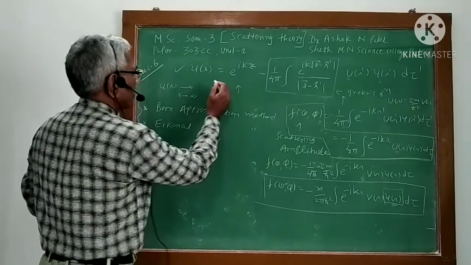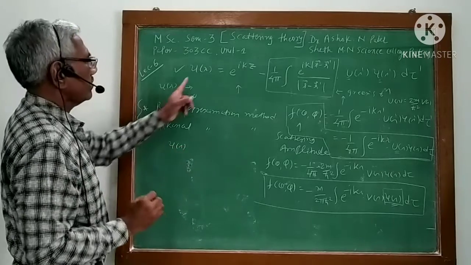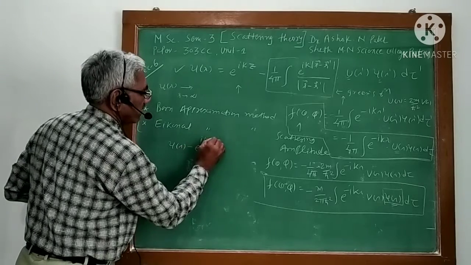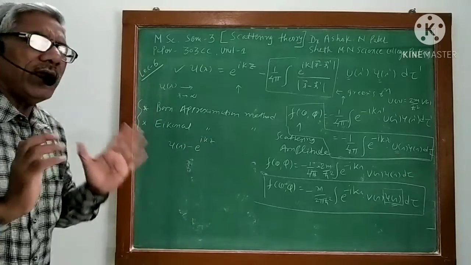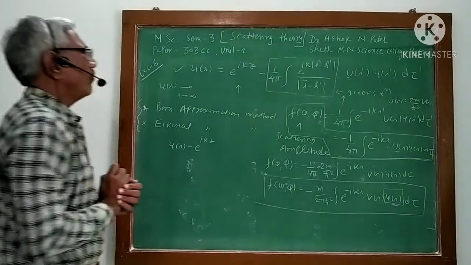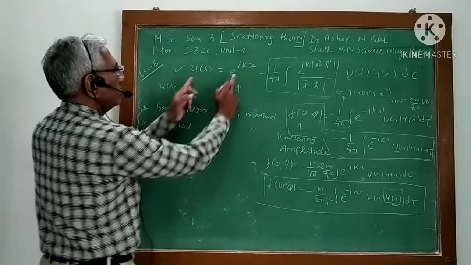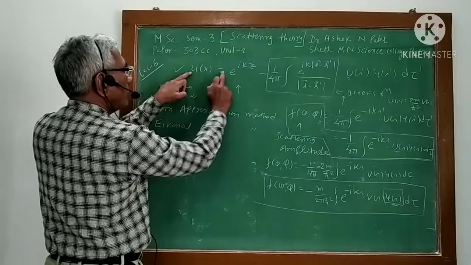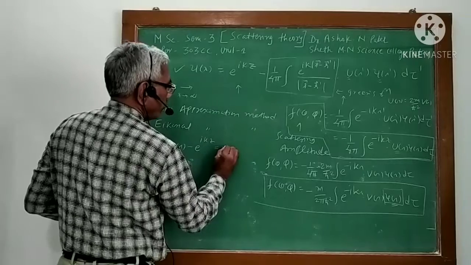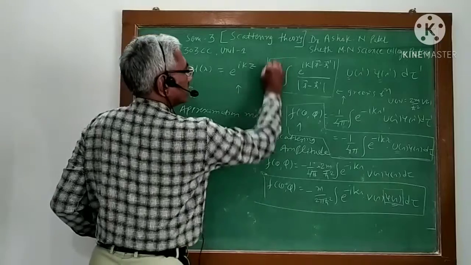It means if I take UR and take out e^(minus i K Z) here, then UR minus e^(minus i K Z) is equal to something.